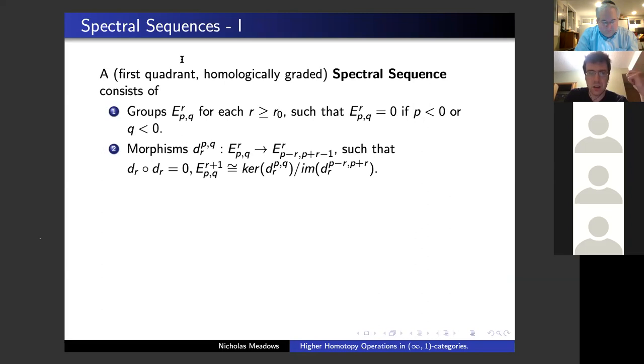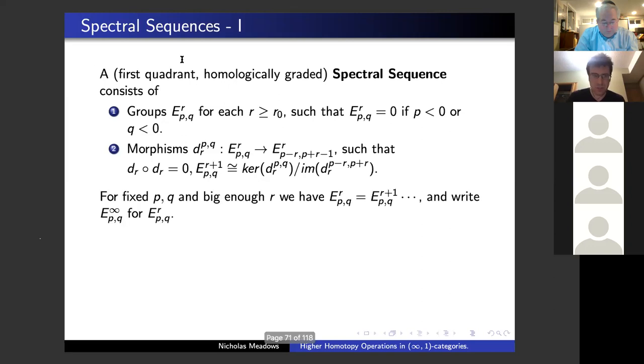For each r, there are certain morphisms between different parts of the grading. And basically the E^{r+1} part of the spectral sequence is given as the homology of these morphisms d^r. So for fixed p and q and big enough r, we have E^r_{p,q} equal to E^{r+1}_{p,q}, and so on and so forth.